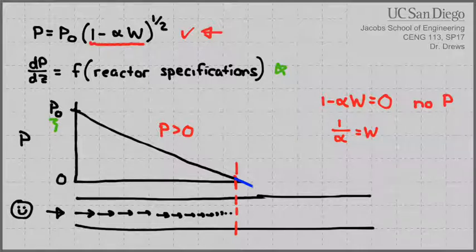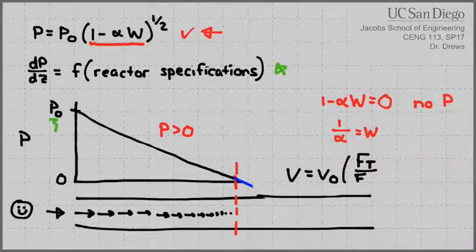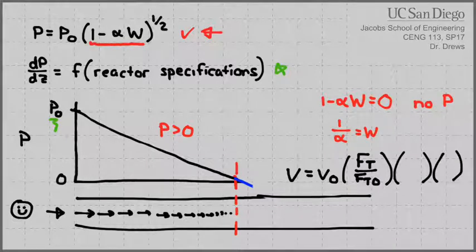So the assumption that we make on our reactor equations is that there is flow. So whenever we write an equation like V is equal to V naught times all of these terms, Ft over Ft naught, the pressure terms and the temperature terms, that makes the assumption that we started off with some flow.